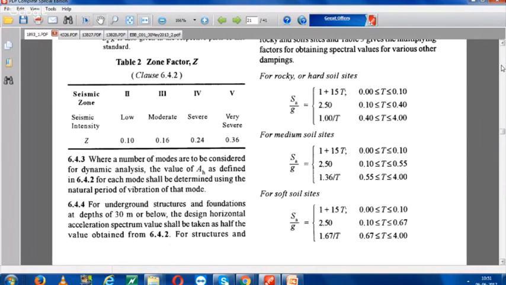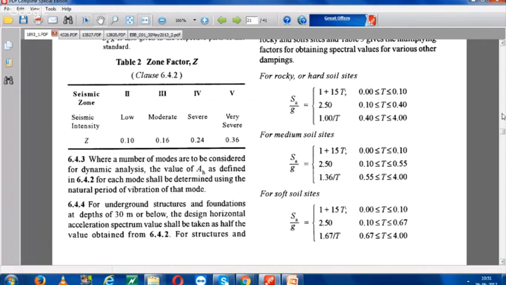T is equal to 0.09 h divided by the square root of d, which is given in the Indian Standard Code, which I have shown you here. So you need to calculate Ta, Tb in each direction.